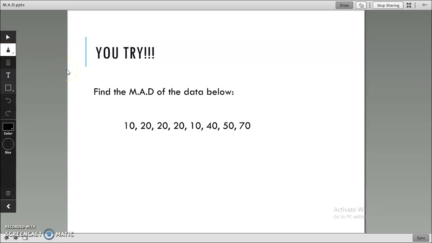So when we find the mean absolute deviation, the first thing we do is find the mean. That's the first step. So we'll say here, mean. And the mean is just adding up all the values and dividing by how many we have. We have 1, 2, 3, 4, 5, 6, 7, 8.